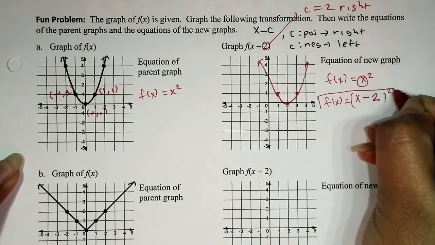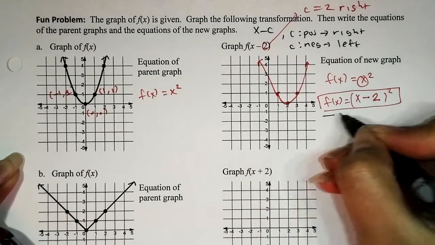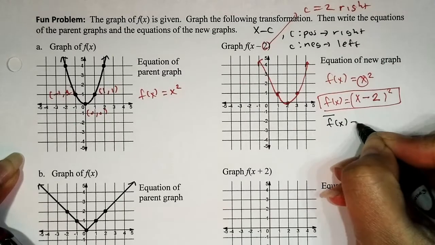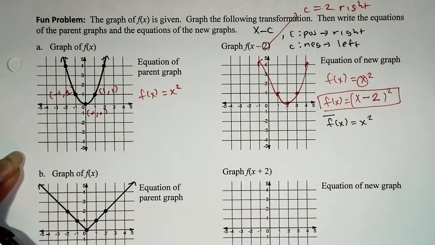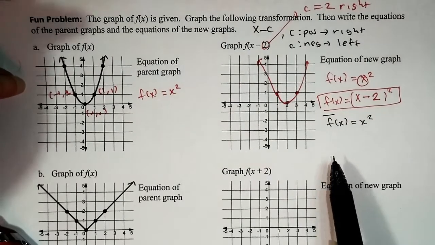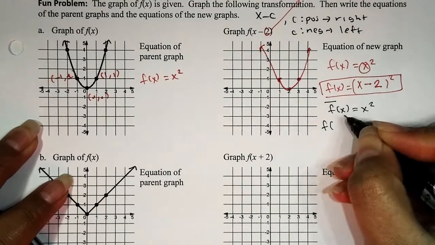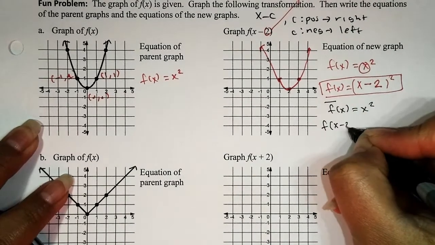Okay, if this is a lot of information for you, then this is how we're going to go about it, which maybe I should have started off like this. The graph of the parent graph is at left, and the transformation is f of x minus 2.